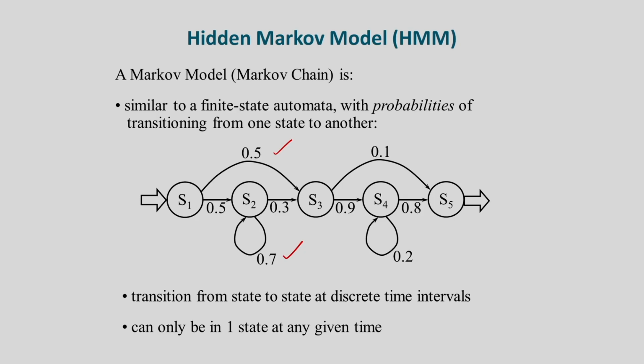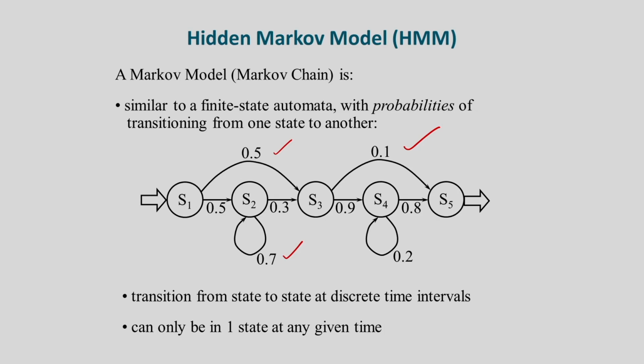So in the figure I have shown the transition probabilities like 0.5, 0.1. In a particular state, an outcome or observation can be generated. So corresponding to a particular state, the outcome or the observation can be generated according to the associated probability distribution.